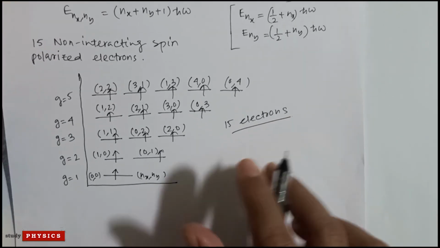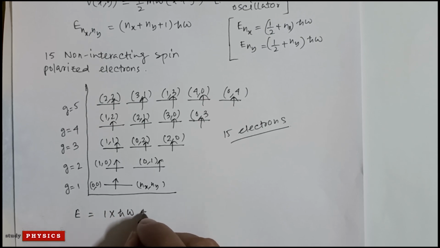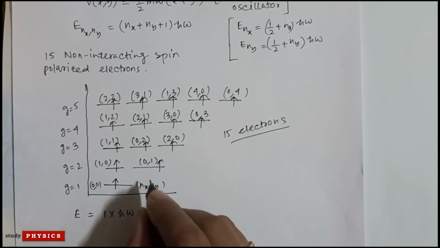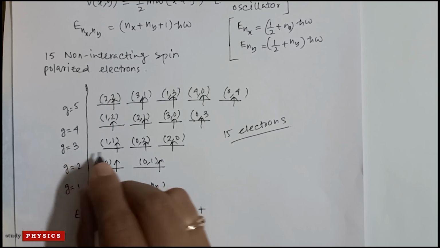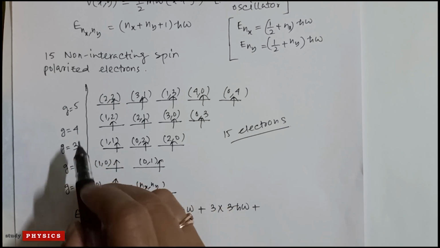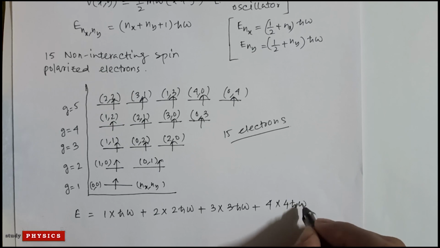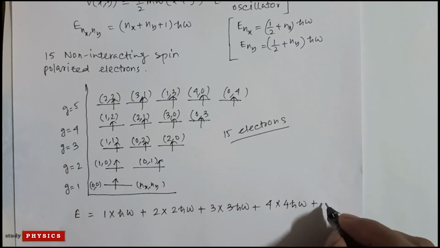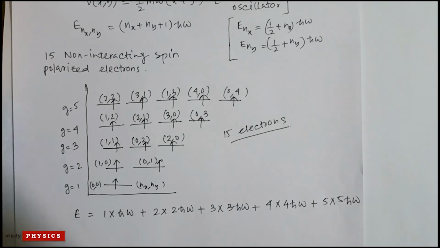So now we'll calculate the energy E. Here degeneracy is 1, so 1 into h cut omega plus 2 into 2 h cut omega plus 3 into 3 h cut omega plus 4 into 4 h cut omega plus 5 into 5 h cut omega.